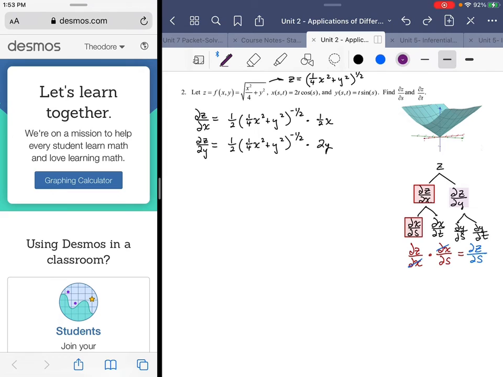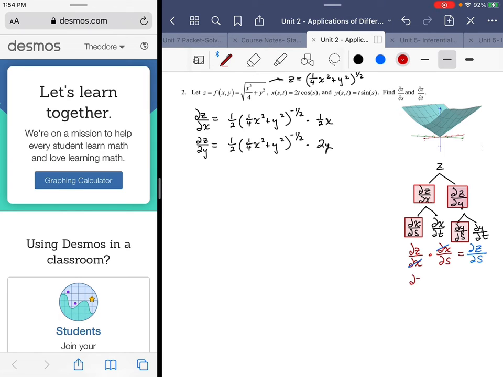We do have another pathway to get us to partial z with respect to s, though. Partial z with respect to y and partial y with respect to s would get us to the same partial derivative.